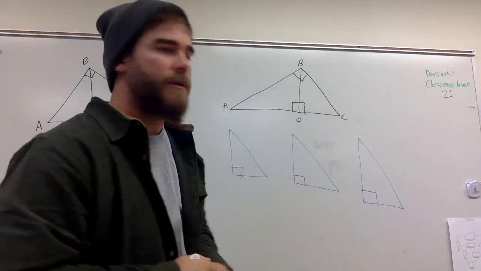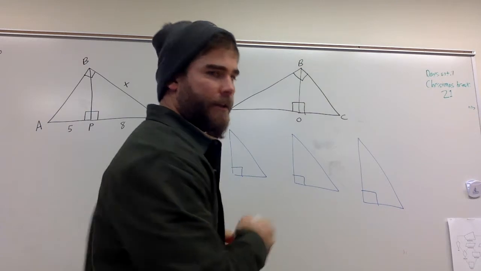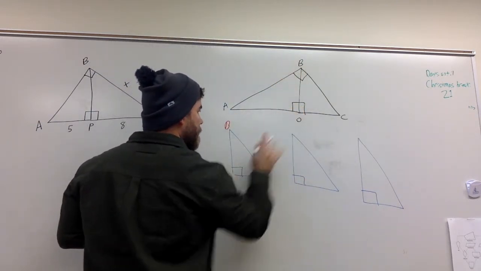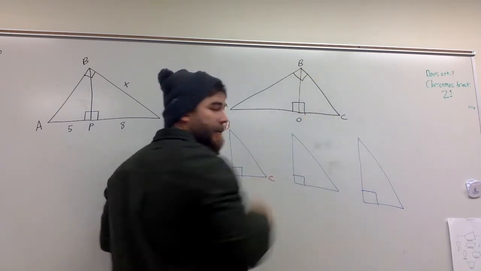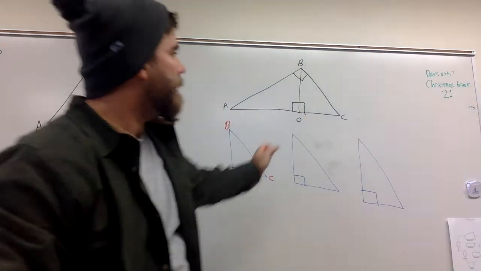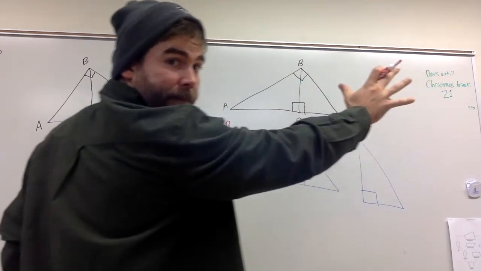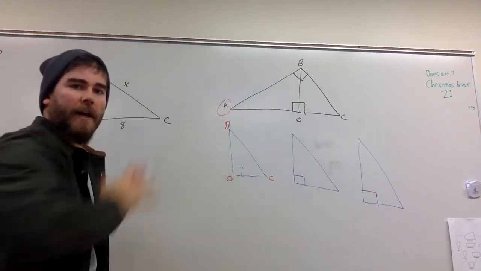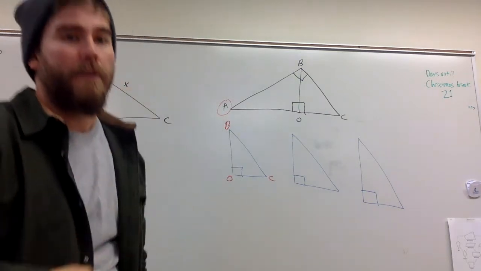So the first thing I'm going to do is label my first triangle with that little one. So I have B, O, C. Now, if my little triangle is small and on the right side, that tells me that this point on the far left, the A, is the peak of my other two triangles.